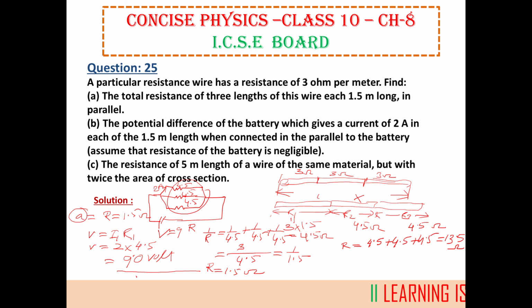So for 5 meter it will be 5 into 3, so this will be 15 ohm. But it has been told that the wire is of the same material but with twice the area of cross section.